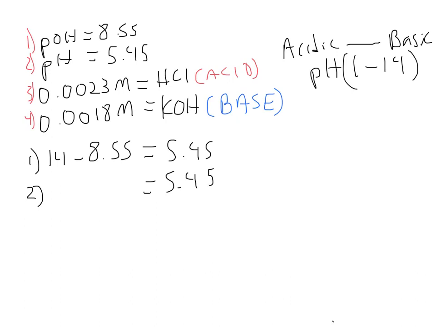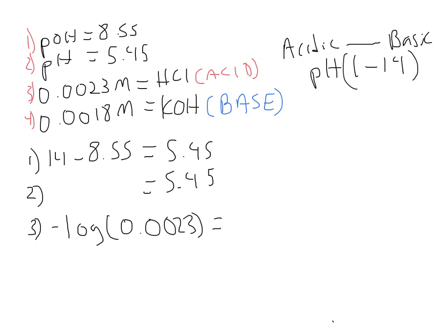Now these next ones are a little bit more tricky. We're given a concentration of an acid. Well, as I was talking about earlier, if you're given a concentration, you can easily find the pH of the acid or base. So let's see, minus log. You plug in that concentration, 0.0023. Now what does that equal?